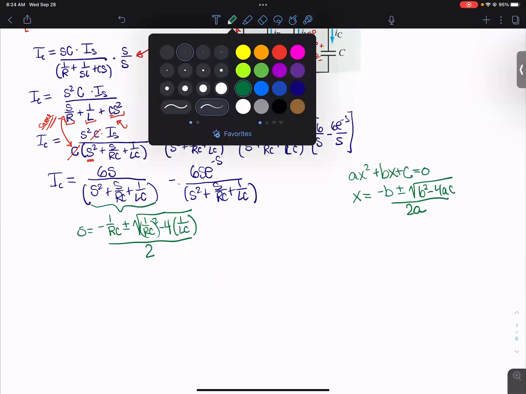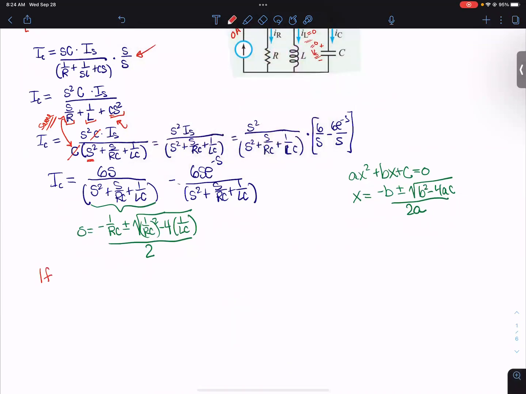So if R is 125, L is 0.1, and C is 4 milli, we can just look at kind of each of these as an addition, so we can solve each one and then just add them together.